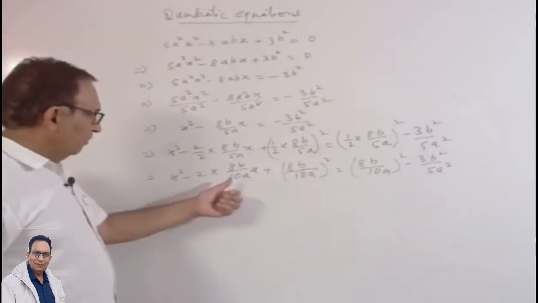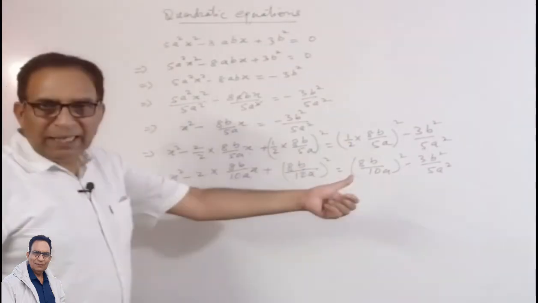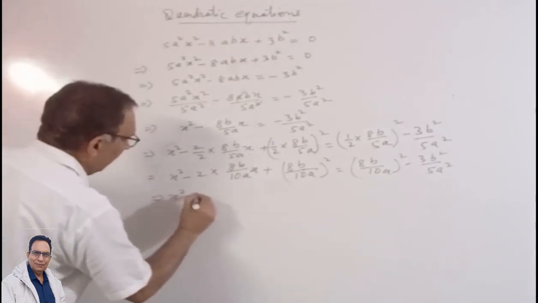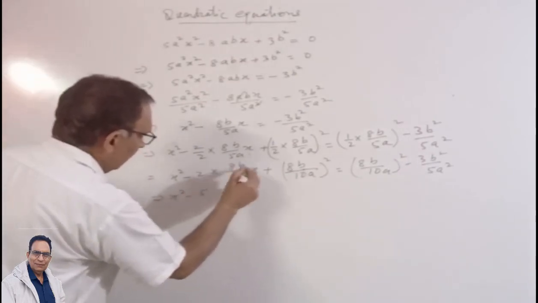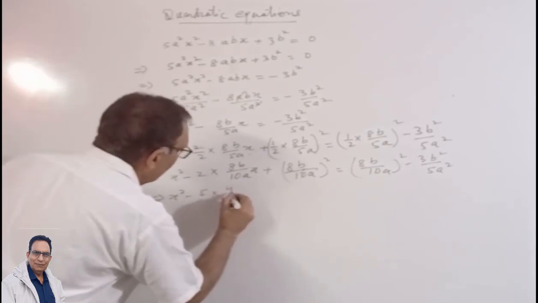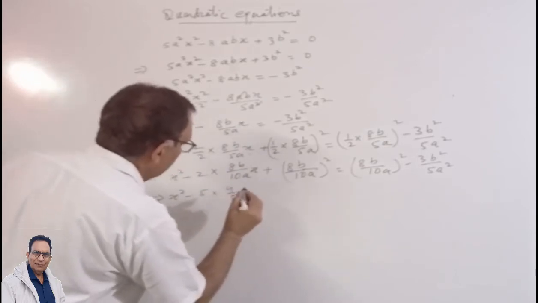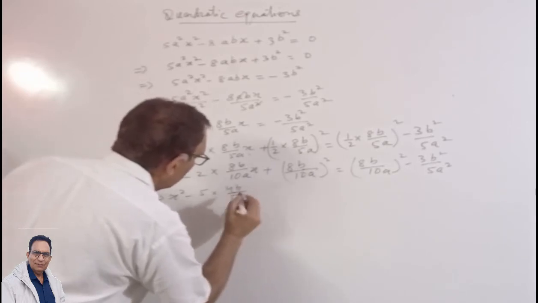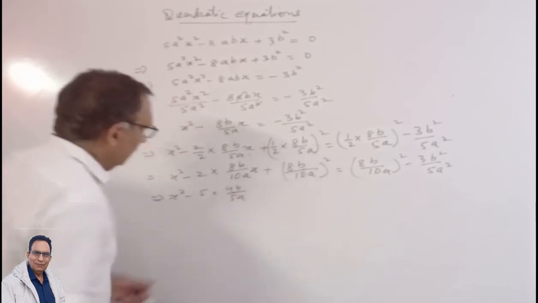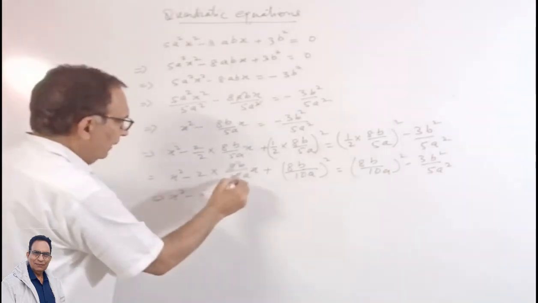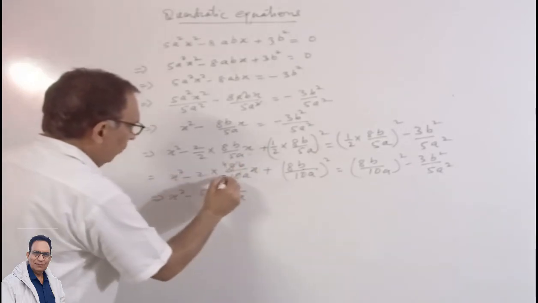Now, in this part you can cancel if something is common. So I write x square minus, cancelling it out, this comes how much? 4 over 5, b over a. Isn't it? Cancel by 2. 4 over 5.